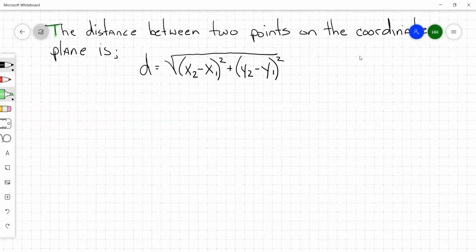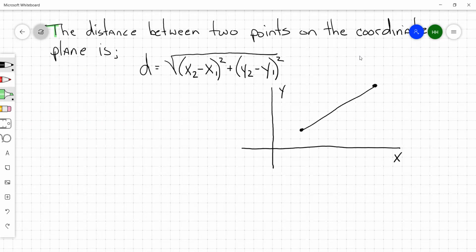And if you have a segment on the coordinate plane, let's say this is your segment. Here's your x sub 1 and your y sub 1. That's the x value and y value at one of the points.